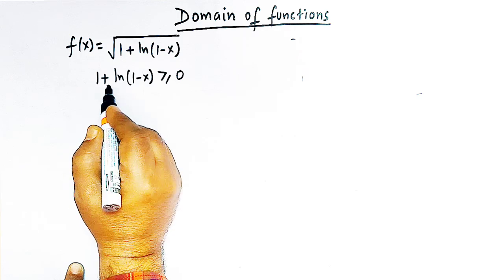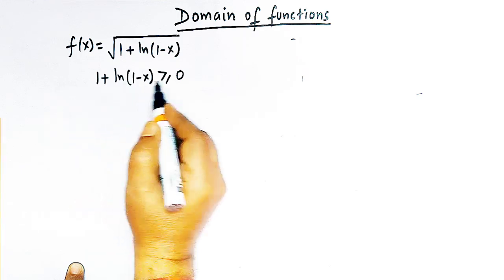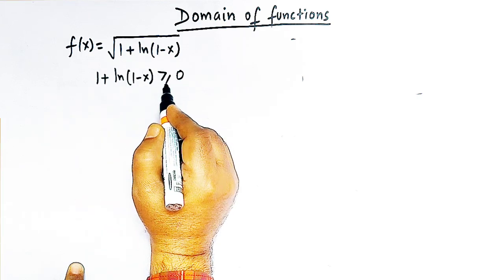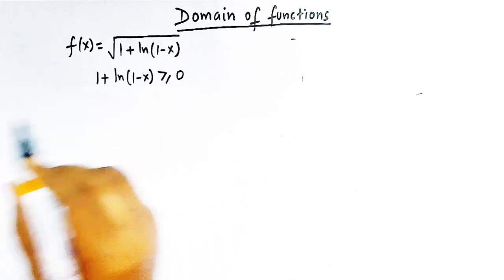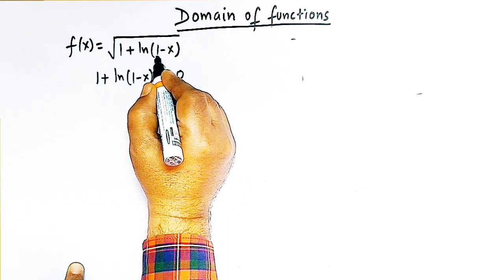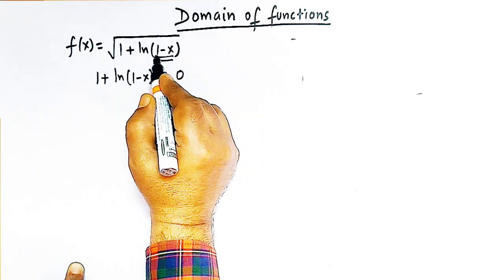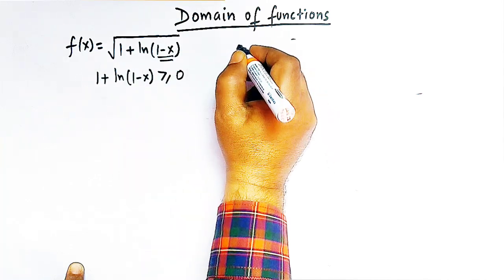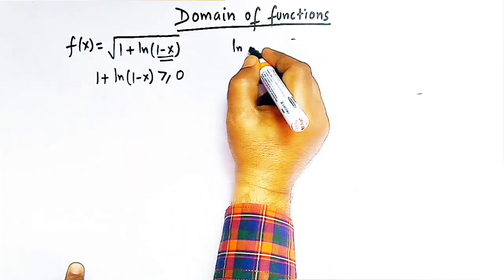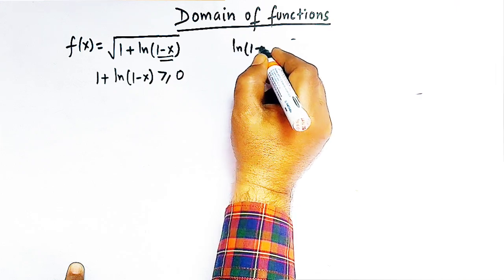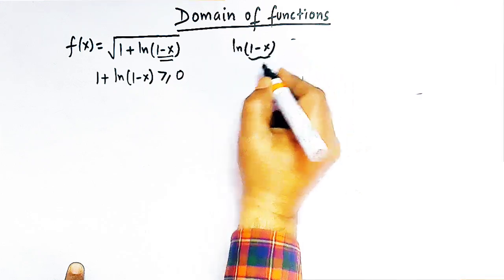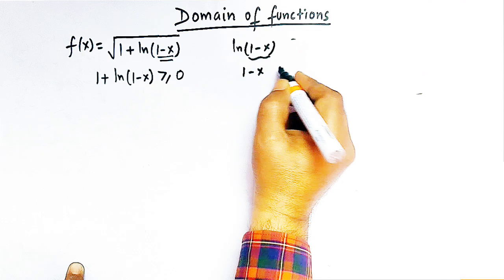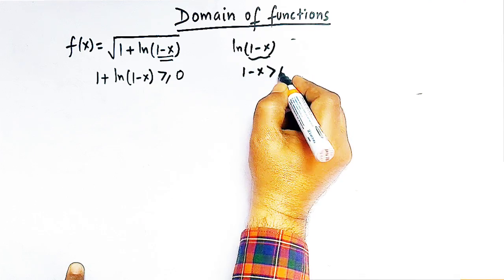So the term 1 plus natural log of 1 minus x has to be greater than or equal to 0. The second condition is that, because we have natural log of 1 minus x, in order to define it, the term 1 minus x has to be greater than 0.